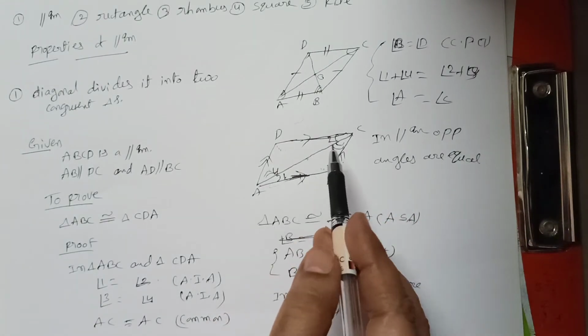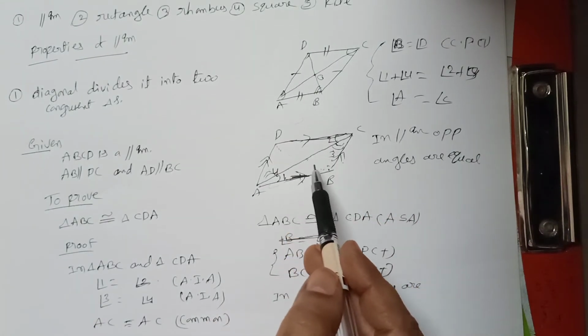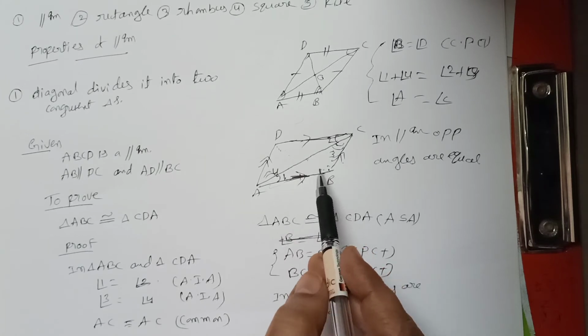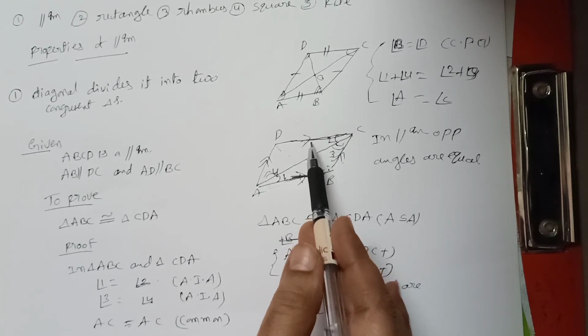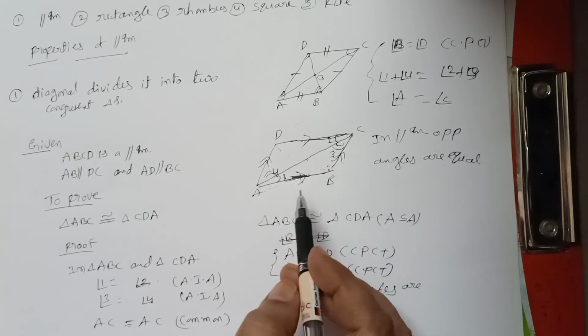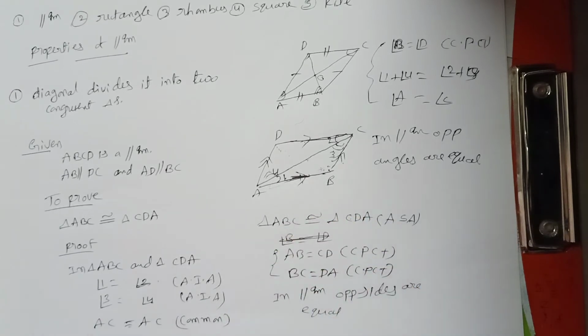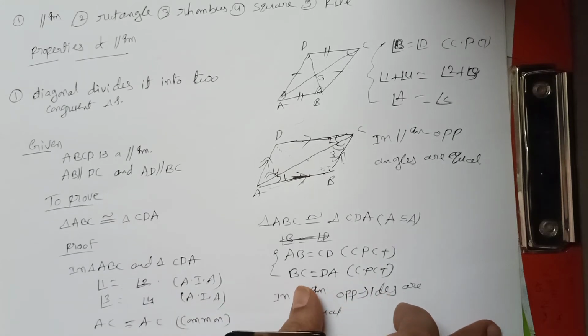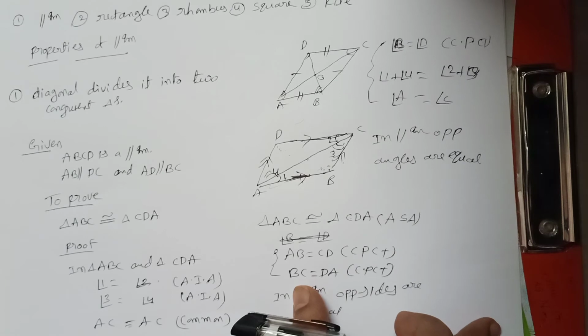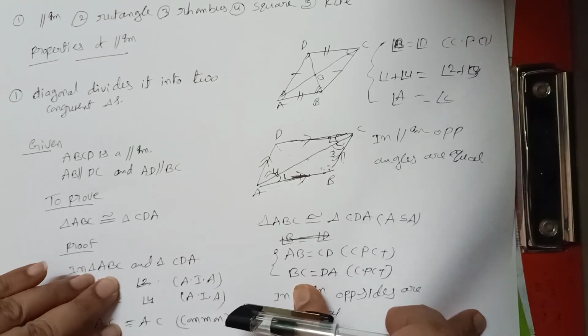So what are the results? In parallelogram, diagonal divides into two congruent triangles. In parallelogram, opposite sides are equal. In parallelogram, opposite angles are equal. Next, in parallelogram, diagonals bisect each other.